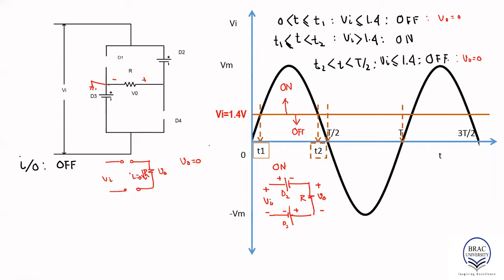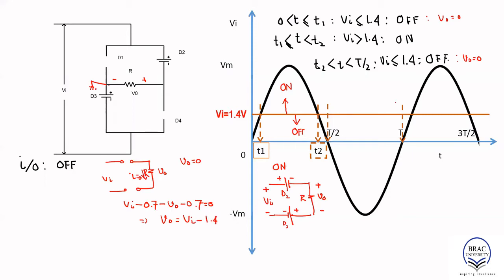If I apply KVL, we get Vi minus 0.7 minus V0 minus 0.7 equals 0. That gives us V0 is equal to Vi minus 1.4.